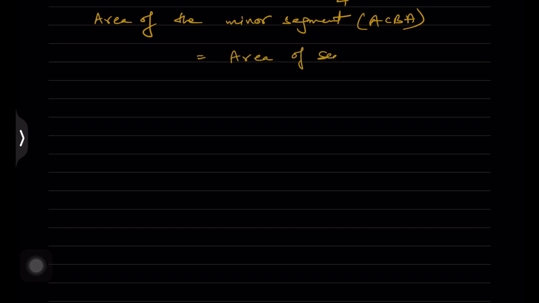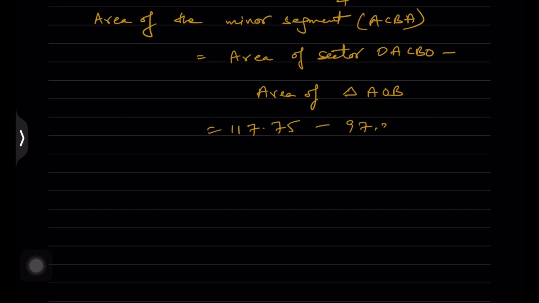Area of sector OACBO minus area of triangle AOB, which is equal to 117.75 minus 97.313 centimeter square, which is equal to 20.437 centimeter square.